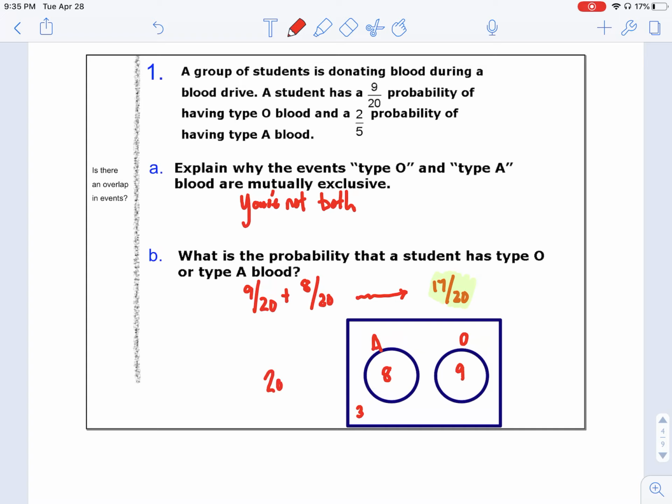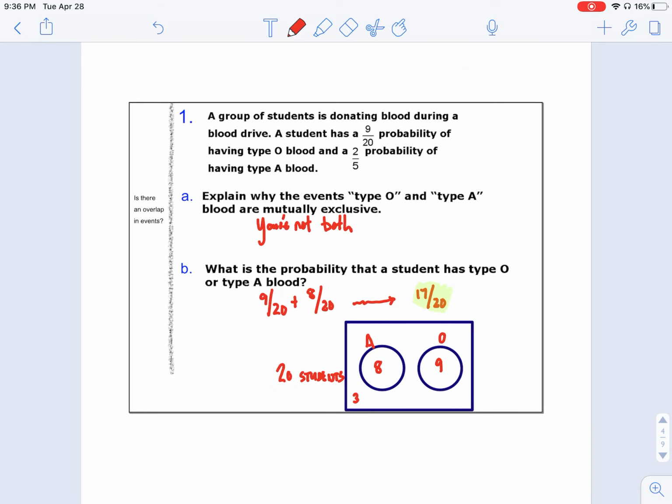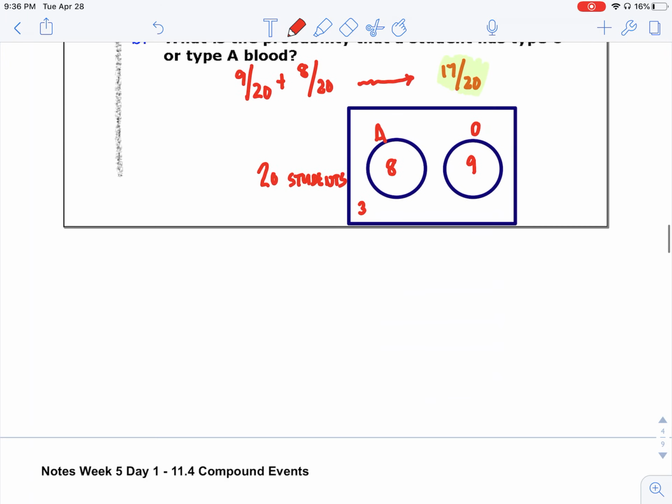So that would be a whole universal set of 20 students. But we didn't really need a Venn diagram for that, but it's good to show you. They're a very useful tool to help us see what's going on here.